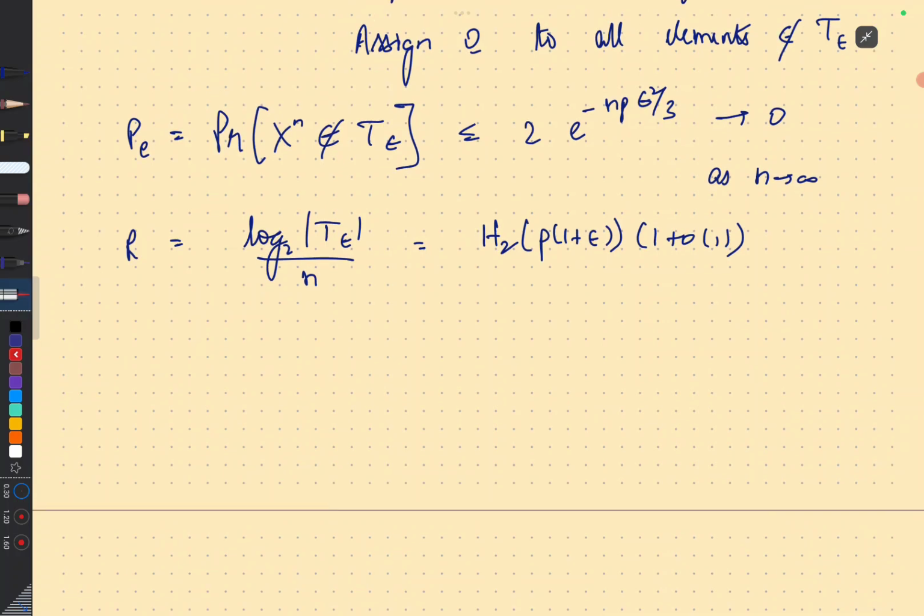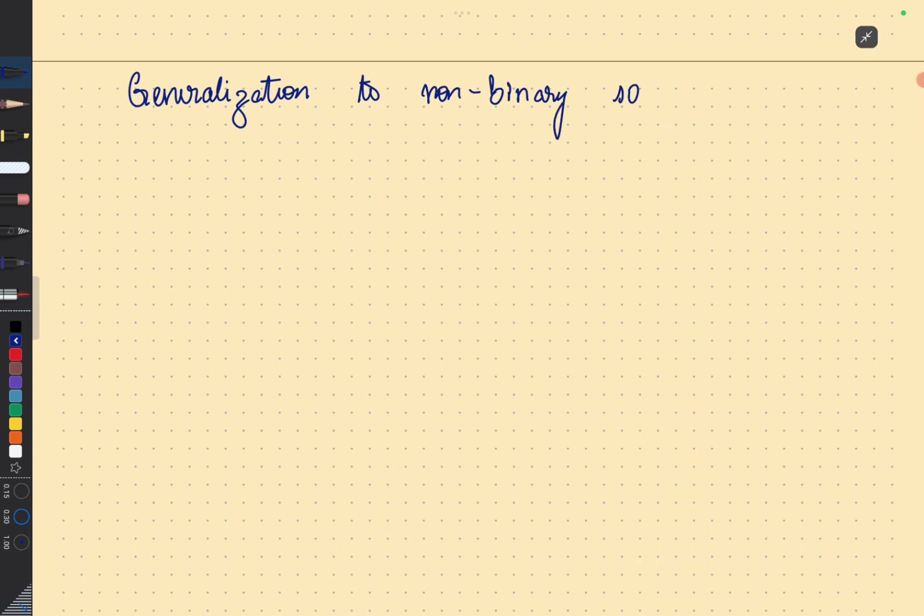Okay, so that was the high level idea for the Bernoulli source. Let's see how we can generalize this to an arbitrary discrete memoryless source. So let's suppose that I have a PMF, Px, on some finite alphabet.